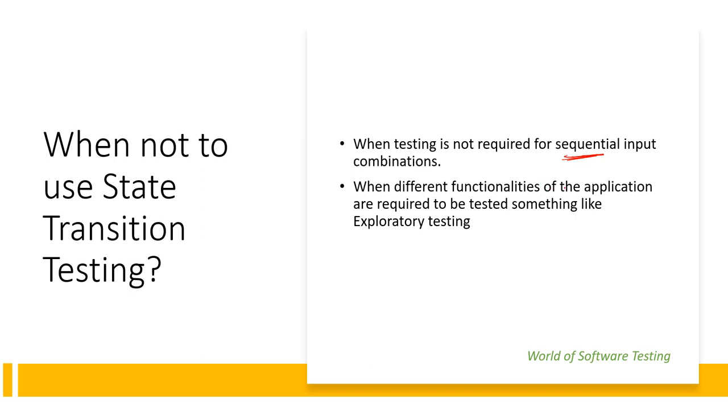The second is when different functionalities of the application need to be tested, such as exploratory testing. With exploratory testing, we don't need state transition testing because we don't know exactly which states the application is going into.